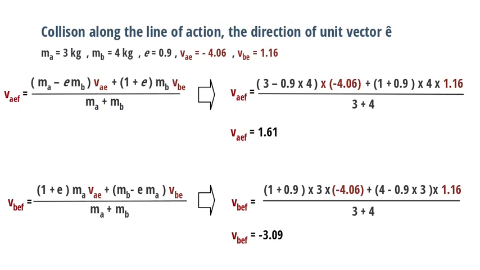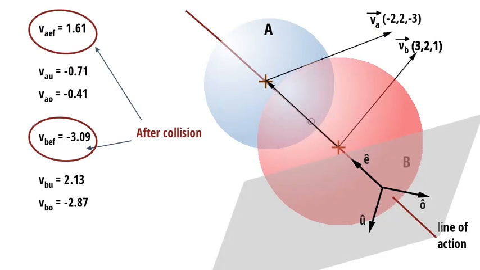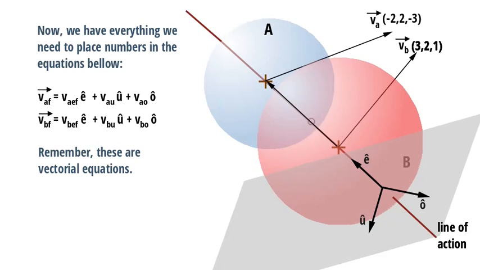Apply the equations to find v_A,E final and v_B,E final. Now, we have everything we need to place numbers in the vectorial equations, which will give us the x, y and z coordinates of the final velocities of the two bodies.